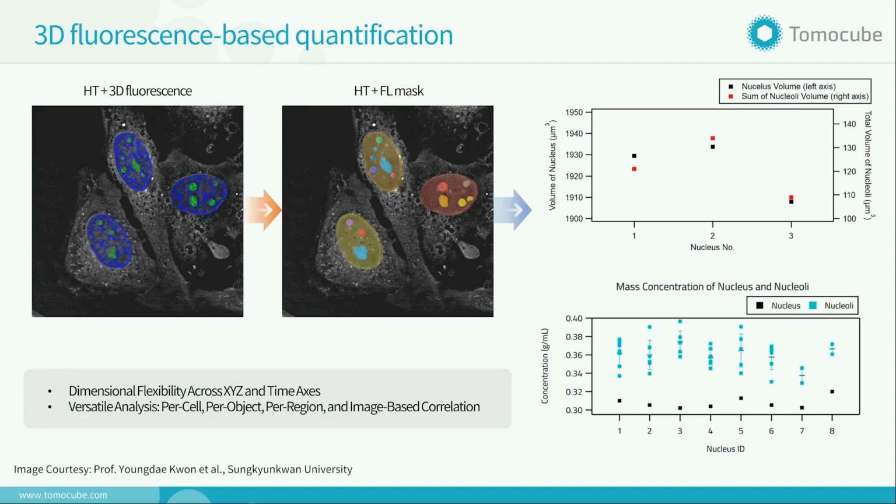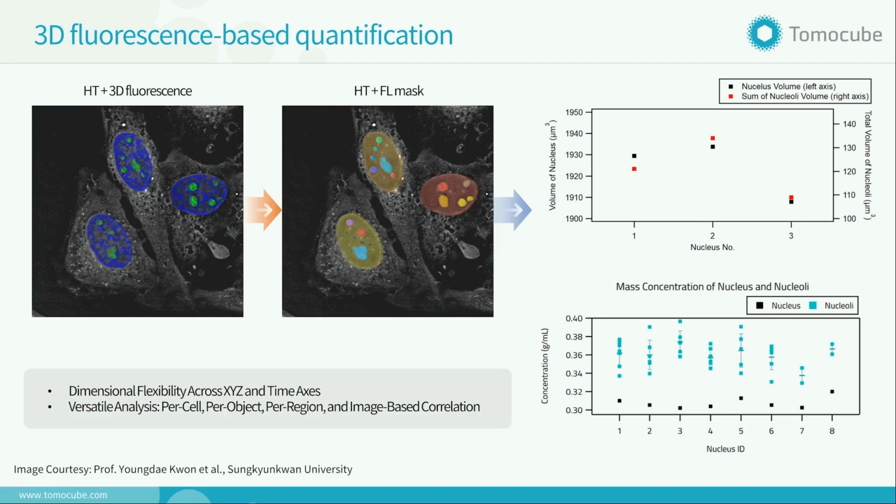And using fluorescence as the mask for segmentation, you can perform the segmentations of individual nuclei in each cell, and you can even perform the segmentations of individual nucleoli, from which you can perform the retrievals of the dry mass and concentration and volume at individual subcellular organelle levels.